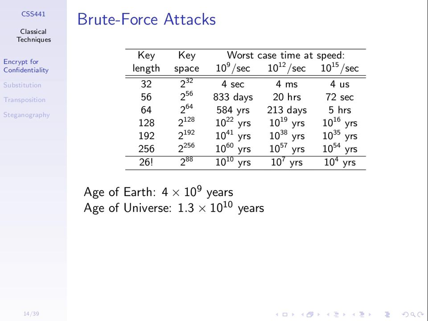Now, roughly, current computers are in this order of magnitude, billions of times per second. But you could imagine in the future with dedicated hardware, or if a government had access to many computers, then they may be approaching the far right column. So when we look at key length, we want to consider the extreme cases.